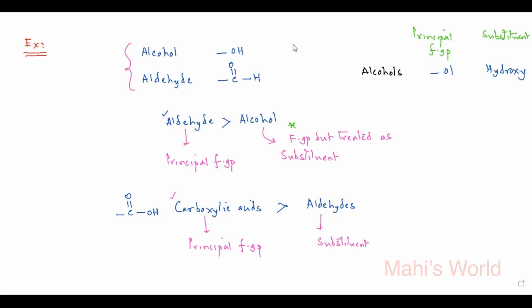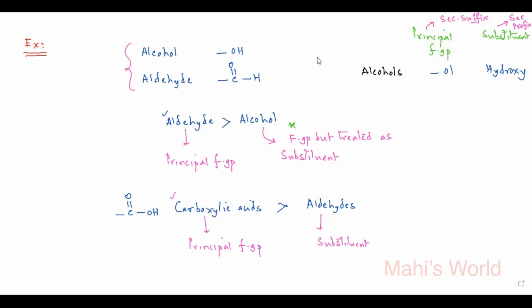And as I told earlier, if it is treated as a principal functional group, it is written at the secondary suffix area. But if it is treated as substituent, it is written at the secondary prefix area. So that is the basic difference.